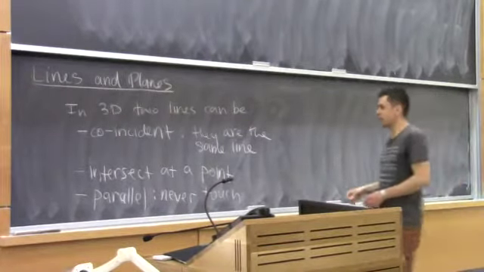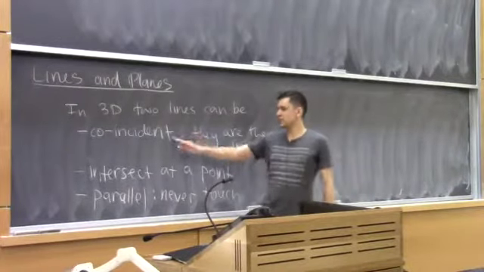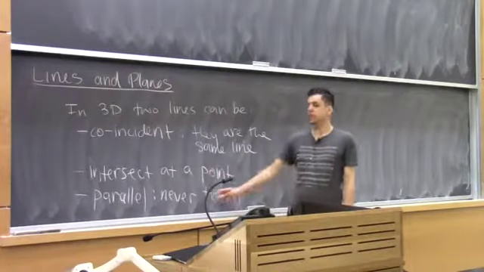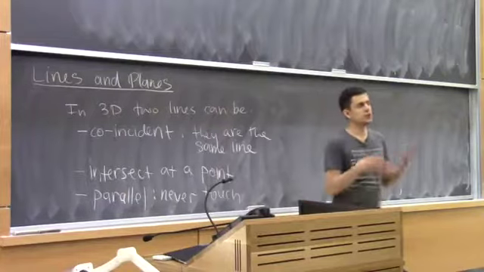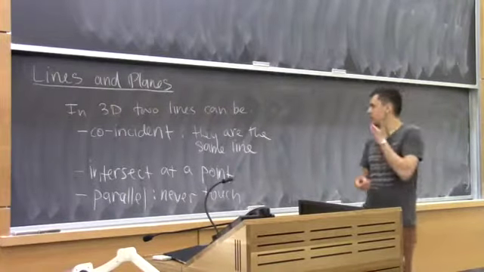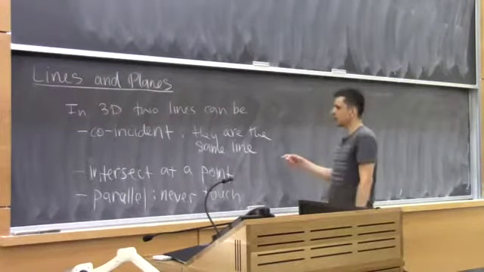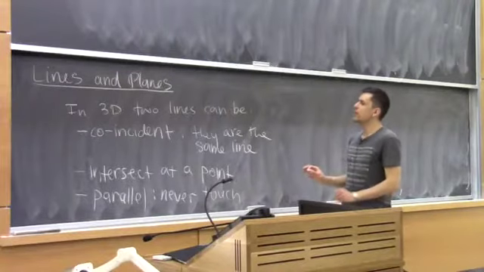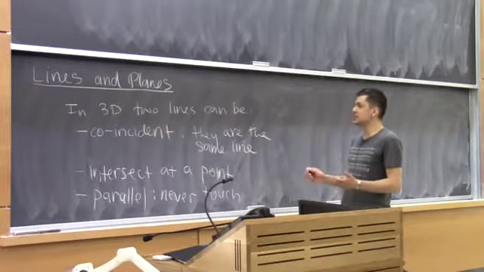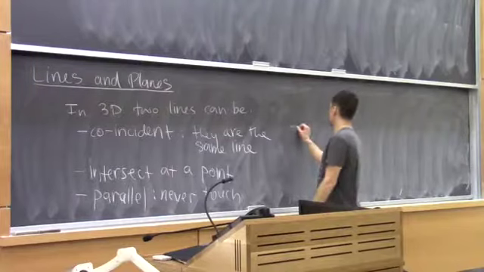We can have coincident lines, we can intersect at a point, or we can be parallel. So these are all 2-dimensional phenomena. Okay, that's fine. But in 3D, we have this extra option.